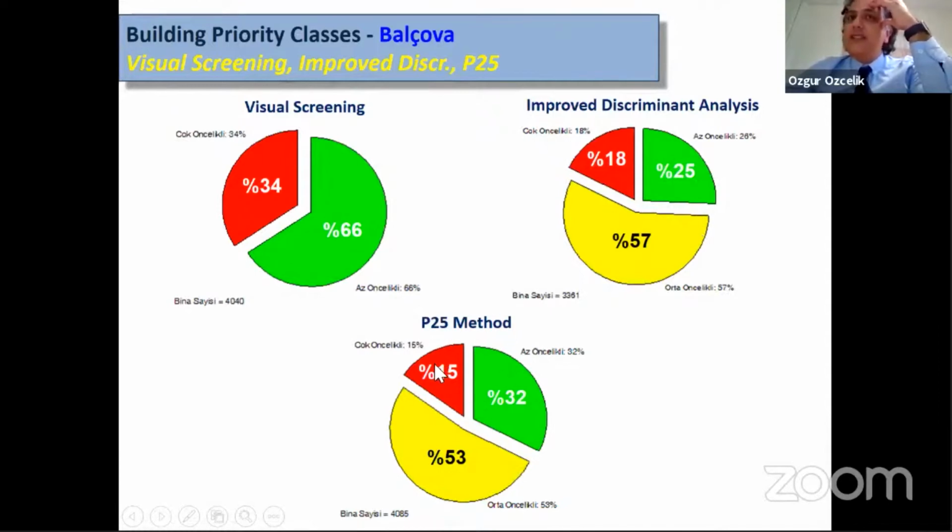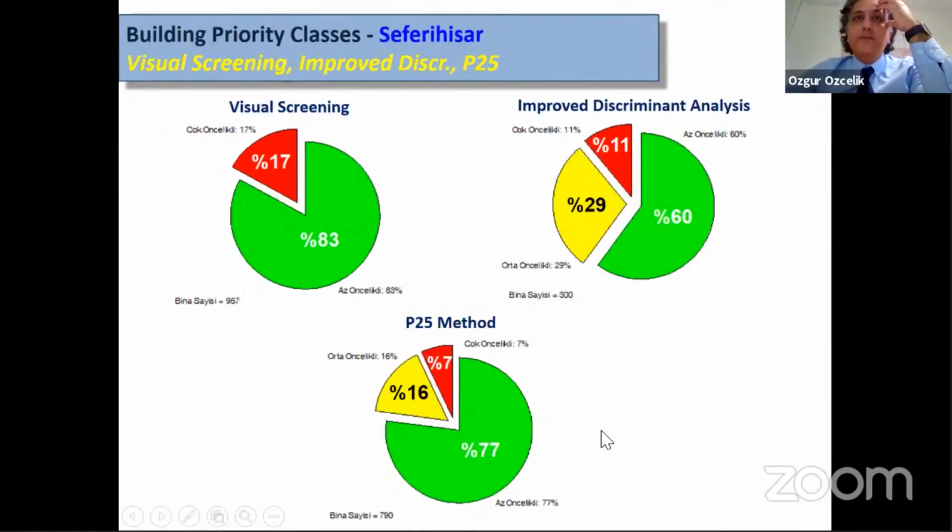For another second level method, P25, you get different ratios, different numbers. For Seferihisar, by visual screening we got 17% high priority and 83% low priority. By using improved discriminant analysis, we got 11% high priority. By using the P25 method, we got 7% high priority.